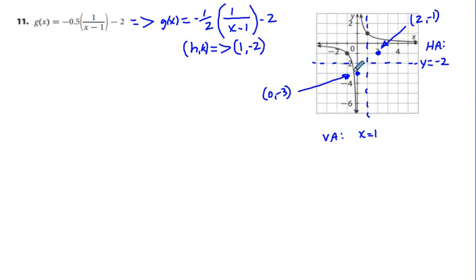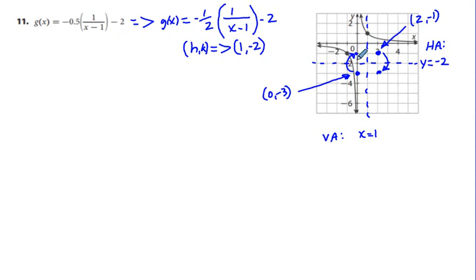So this coordinate pair will come up here, and this one that was 1, 1 is going to come down here. And it is going to be vertically compressed by a factor of 1/2.